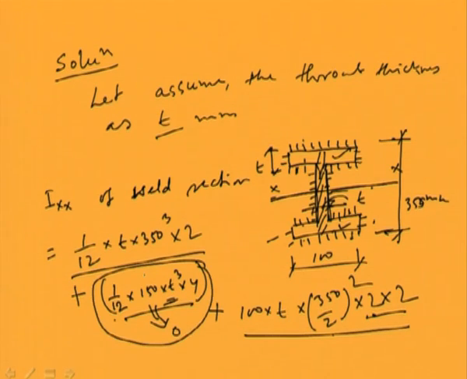Another thing is that we have calculated the area of this portion twice, because when we made it for the web we had already considered it, but the amount is so small that we are not going to deduct it. We can deduct it, but for simplification of the calculation we are neglecting it. After this, if we calculate, we will get the value of Ixx.